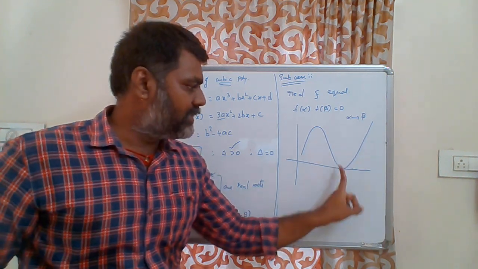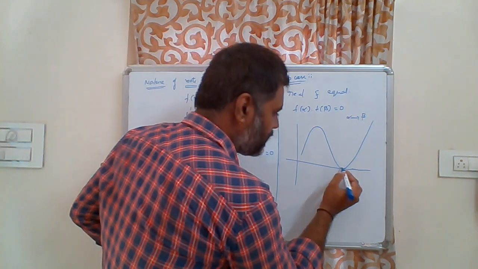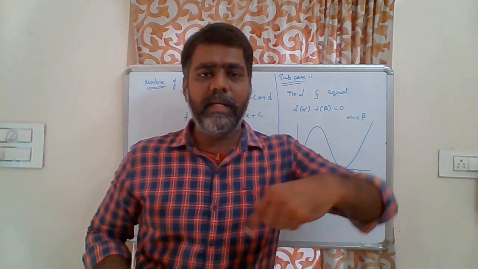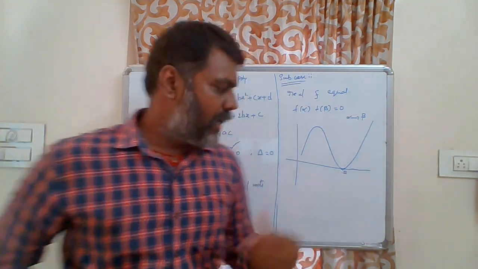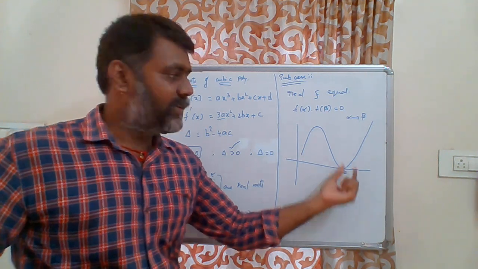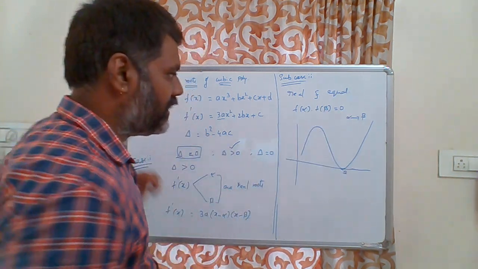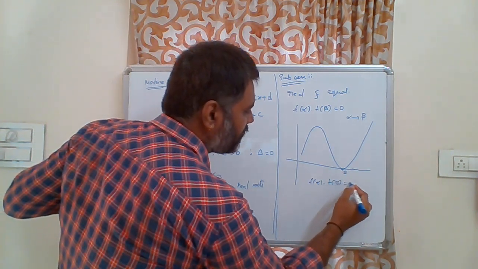That means the curve touches the x-axis at beta. If a curve touches the x-axis at some point, it means the root is repeated, and at this value the function will be 0. Then f of alpha into f of beta equals 0.